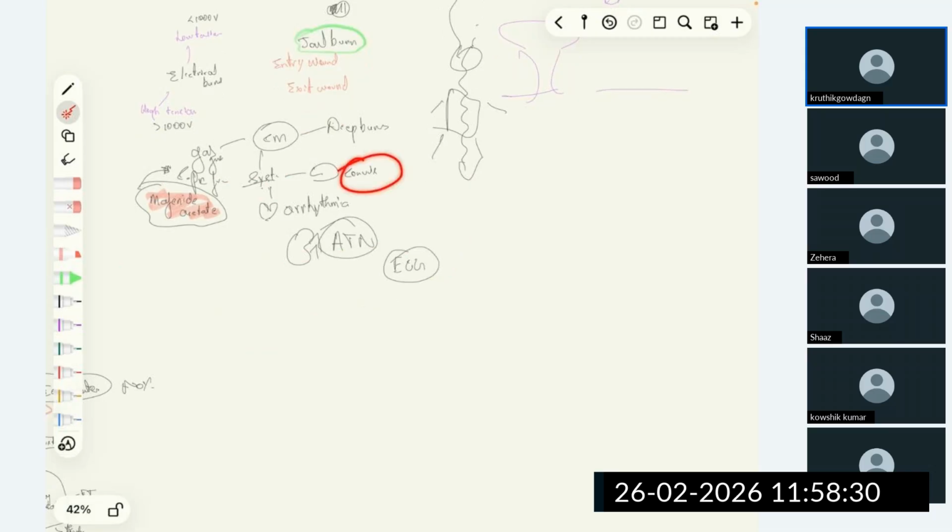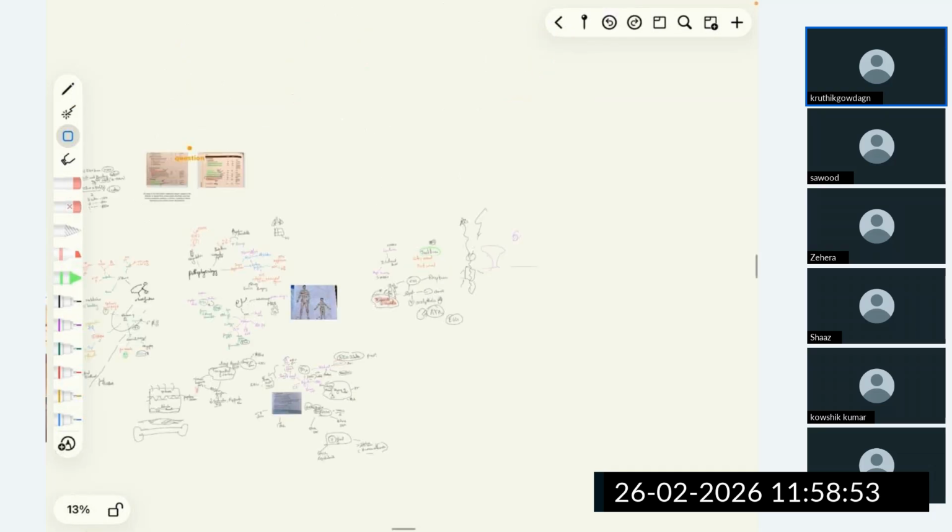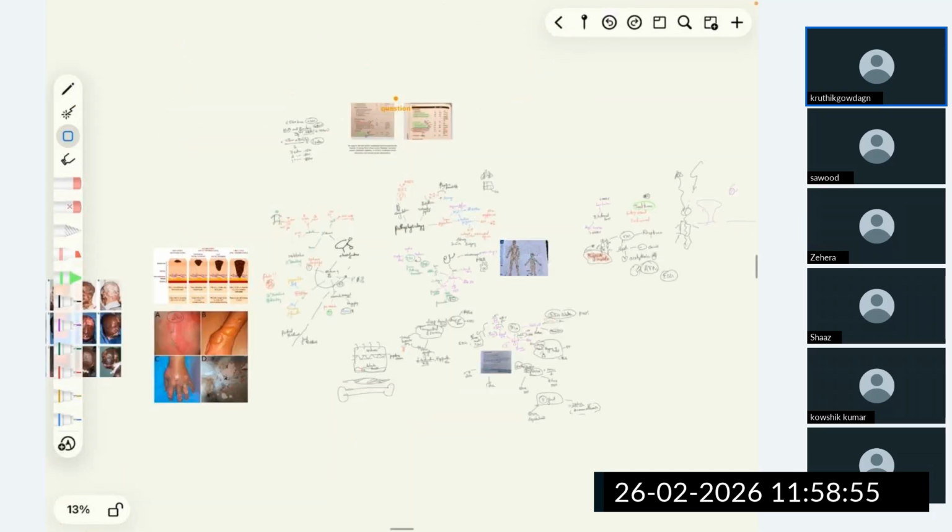If the patient has arrhythmia, manage it adequately by electrocardioversion or other measures, continuous ECG monitoring, and we can give antiarrhythmic agents. Then we saw how to manage Clostridium perfringens infection: mafenide acetate. This is about electric burn. So we have successfully completed the burns chapter in surgery.